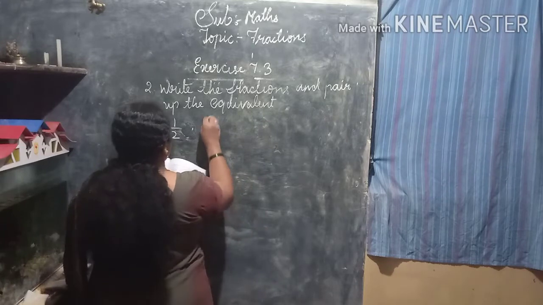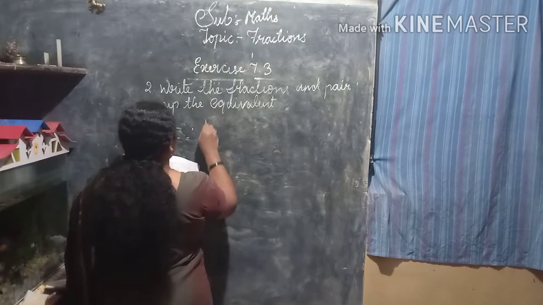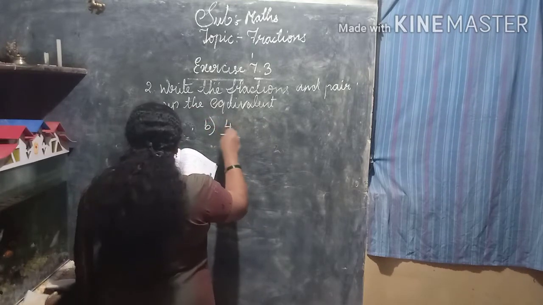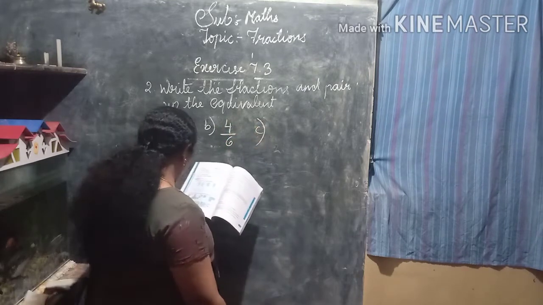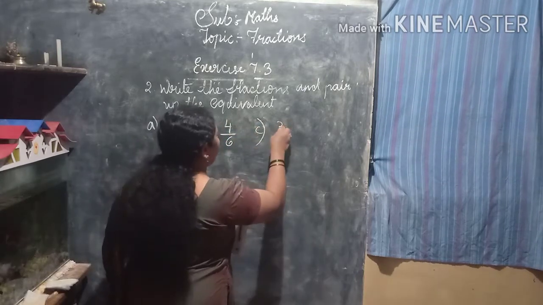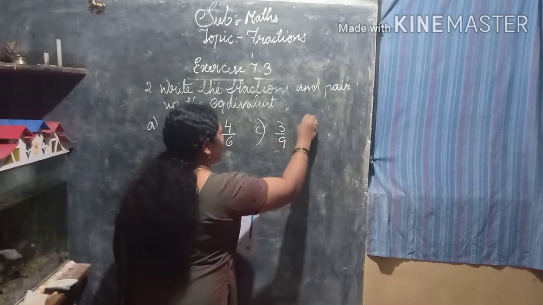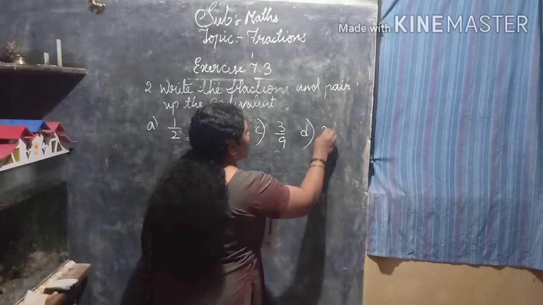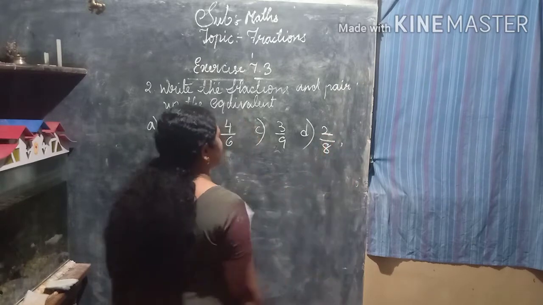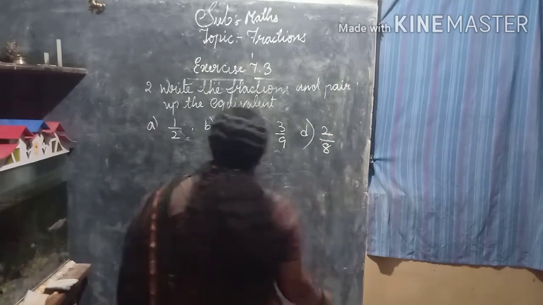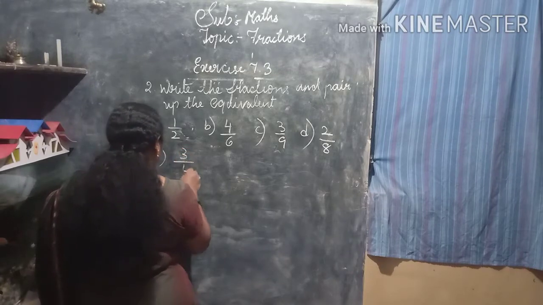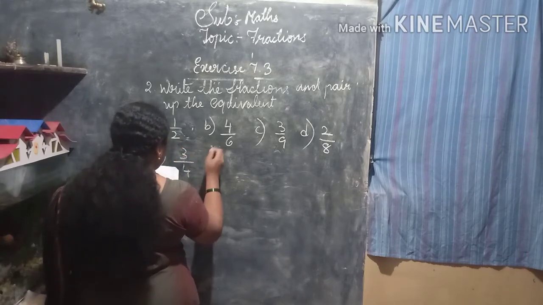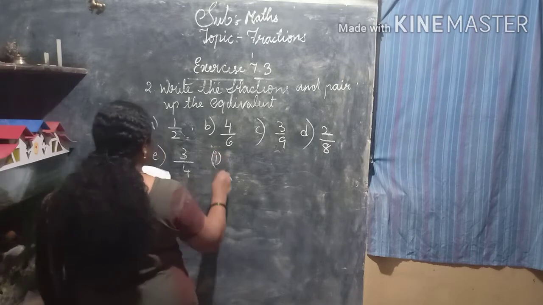B is 4 by 6. C, you have 3 by 9. D, 2 by 8. Okay. E, you have 3 by 4. So again we have 1.